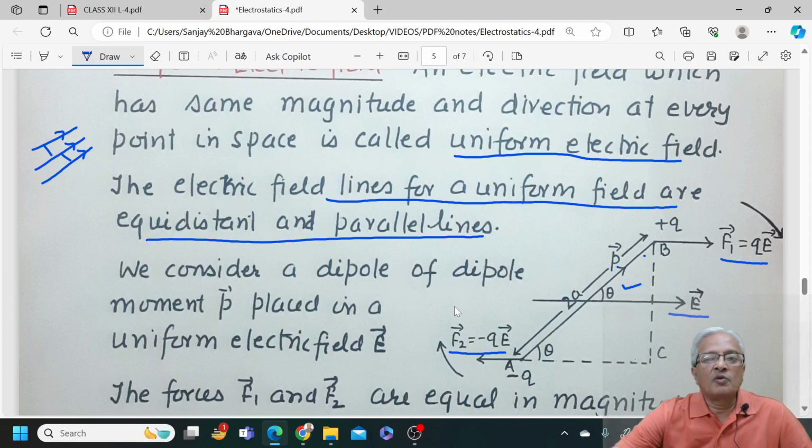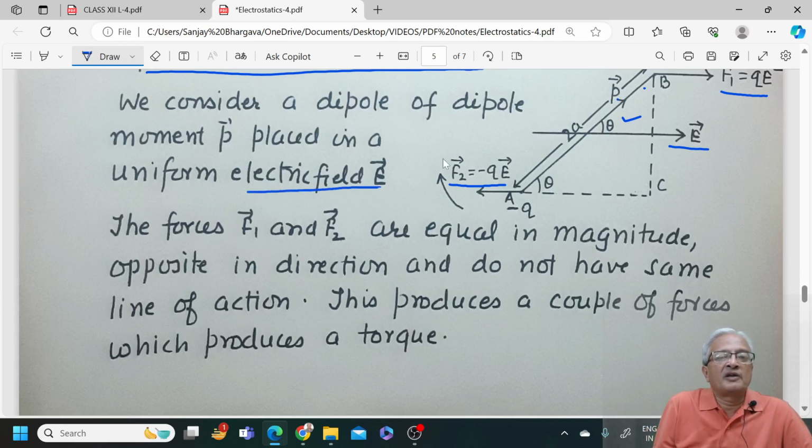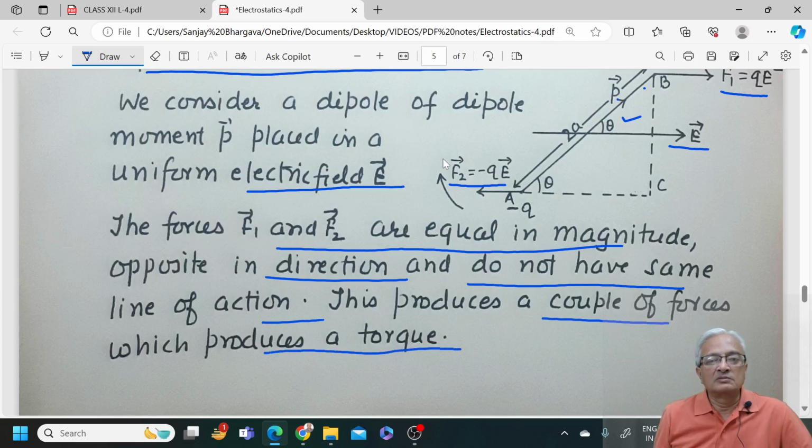So here we consider a dipole of dipole moment p which is placed in a uniform electric field E. The two forces F1 and F2 are equal in magnitude, opposite in direction, and do not have the same line of action. This produces a couple of forces which generates a torque.